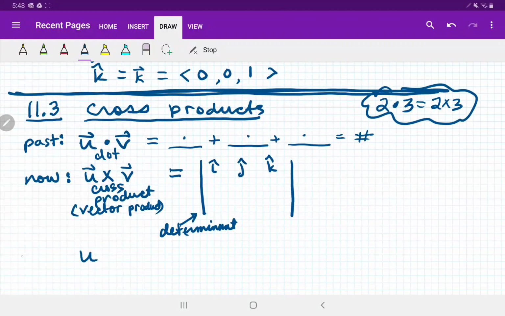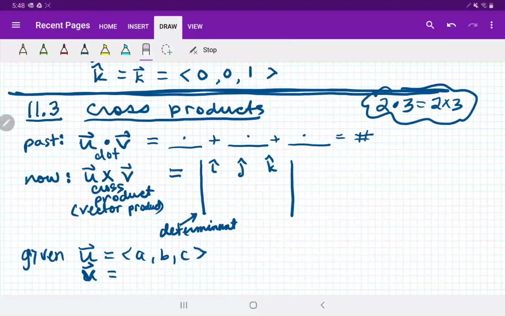Given u is the vector a, b, c. And those are not coordinates. That's why I'm not calling it x1, y1, z1. And v is d, e, f.